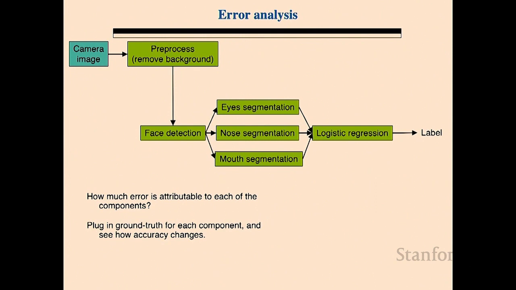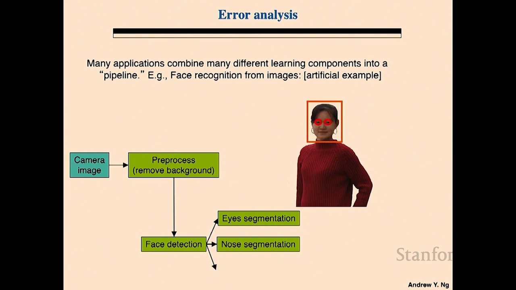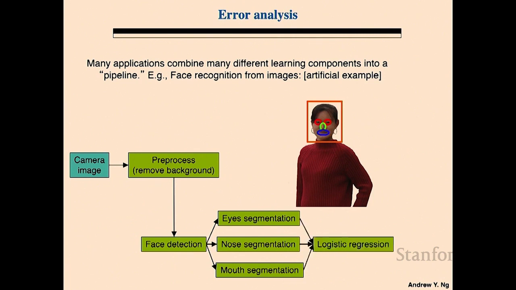And I'll tell you a true story. Remember the pre-process background removal step, right? Just getting rid of the background. It turns out that there are a lot of details of how to do background removal. For example, the simple way to do it is to look at every pixel and just see which pixels have changed.